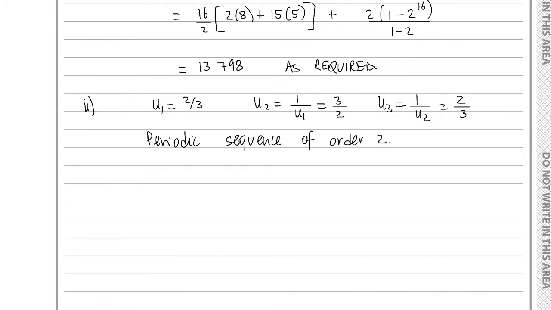So when I come to sum up the first 100 terms of this sequence, I will just be having 50 pairs added up.